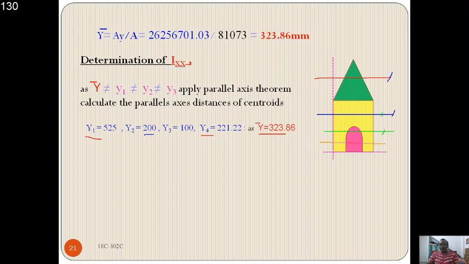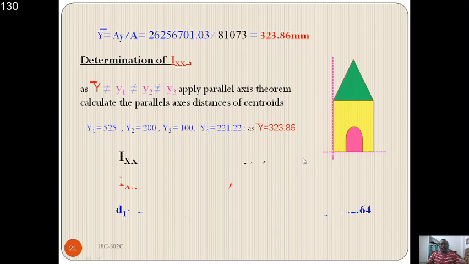So we require d3 from this point to this point, whereas y4 is 221.22, so it is nearly about this point. This is the d4 point. So we have to find the d1, d2, d3, d4 values to substitute in the parallel axis theorem, A d square.